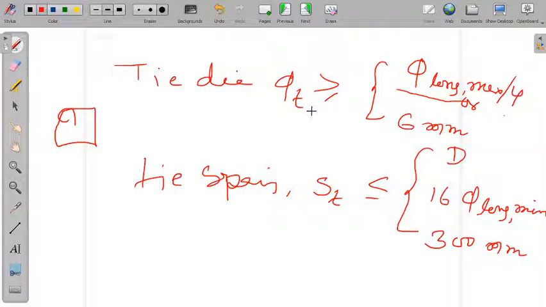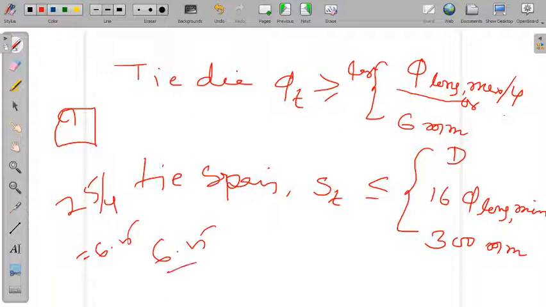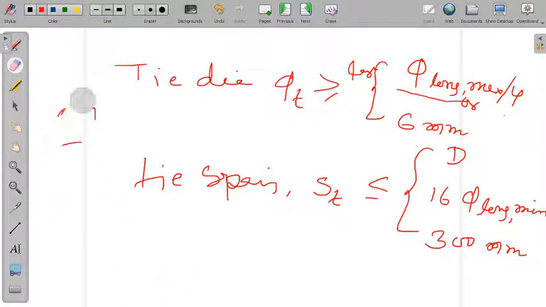Suppose your main reinforcement is 25 mm. So 25 by 4 is 6.25, and the other is 6 mm. Which one is larger? 6.25. So we have to provide a bar more than 6.25 mm, and the available diameter is 8 mm. So in that case we provide an 8 mm dia bar.